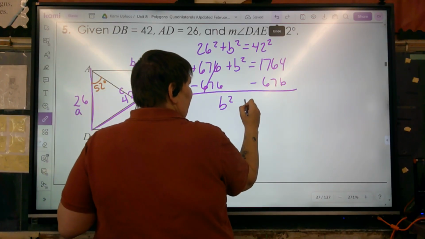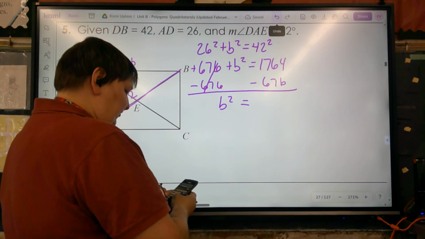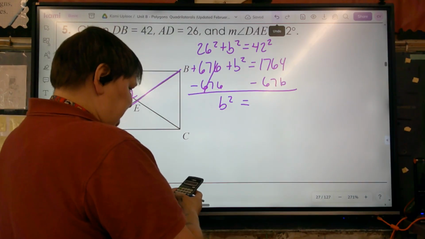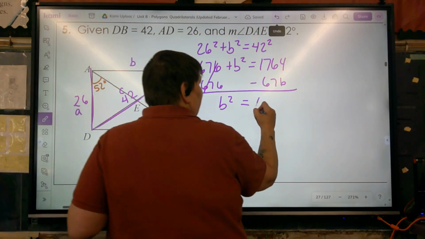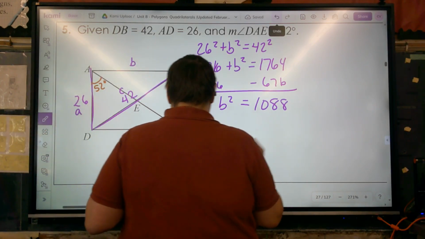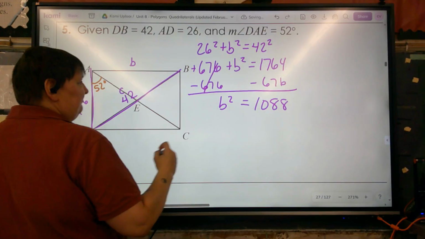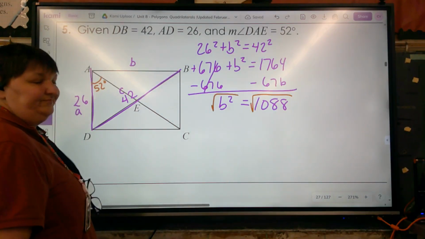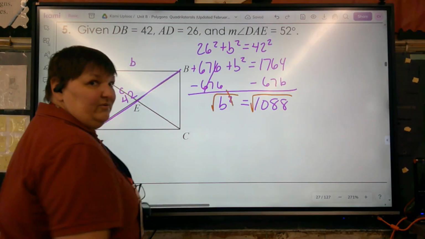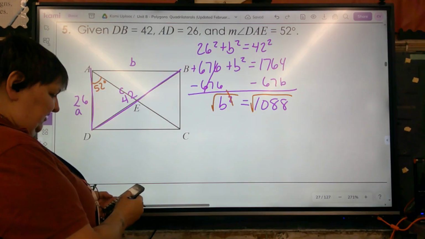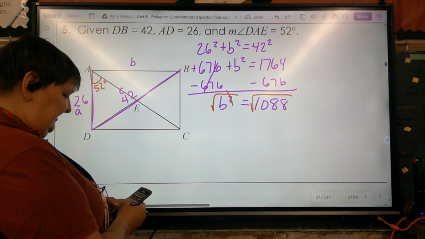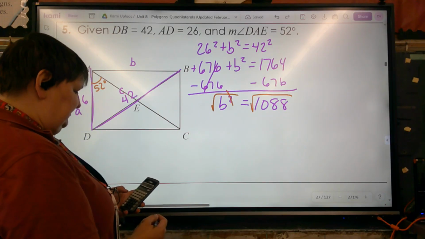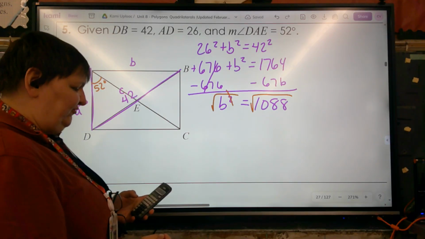So B squared is equal to 1764 minus 676, which is 1088. And then remember, to find the square root, to get rid of that square, we need to find the square root of both, right? Because that cancels the square. So the square root of 1088 is 32.984845.